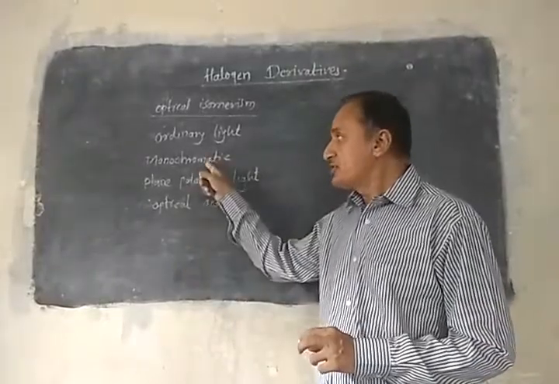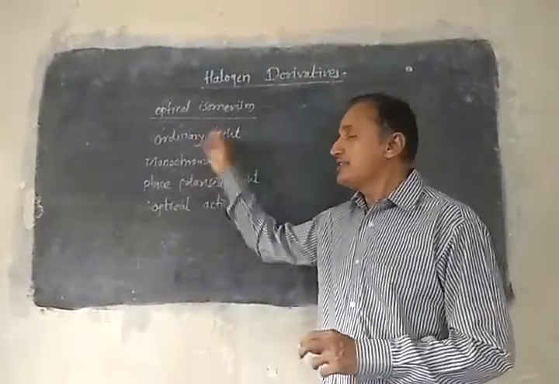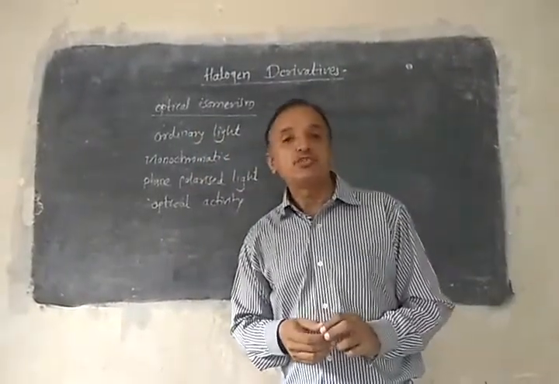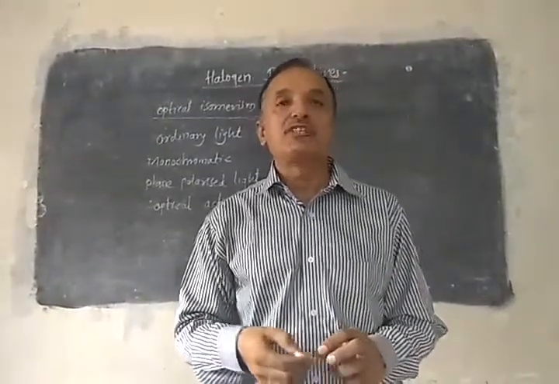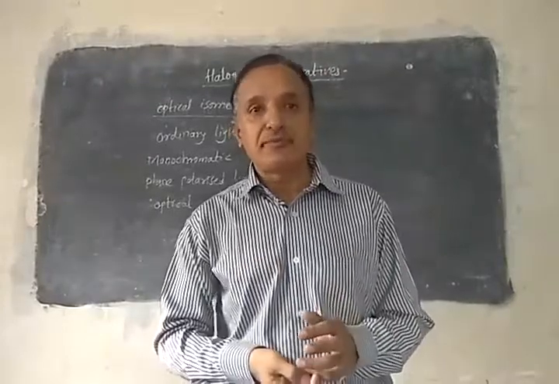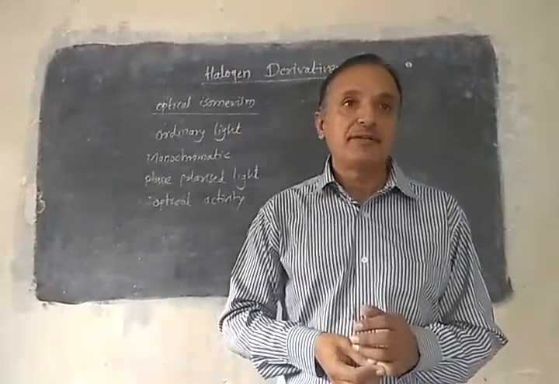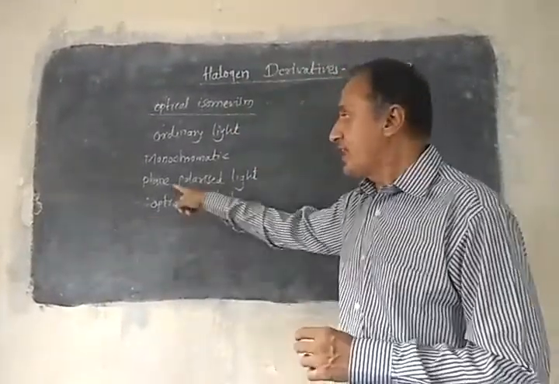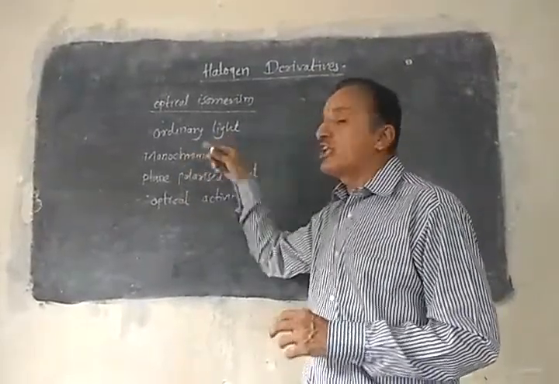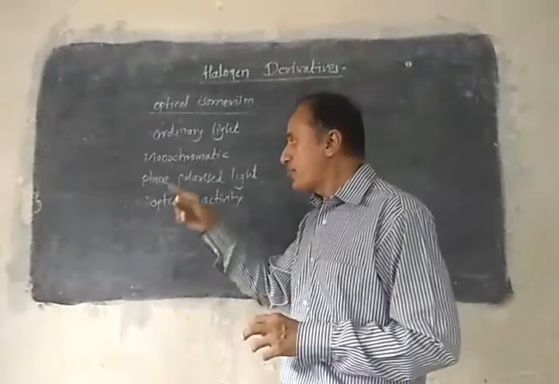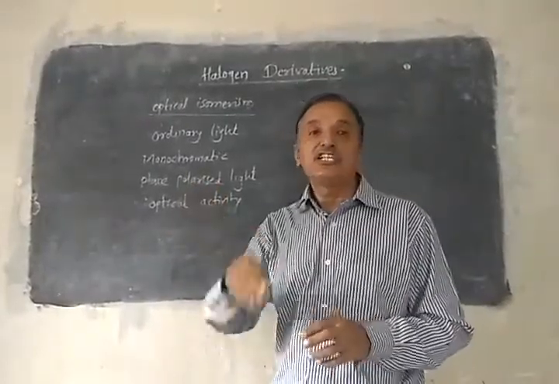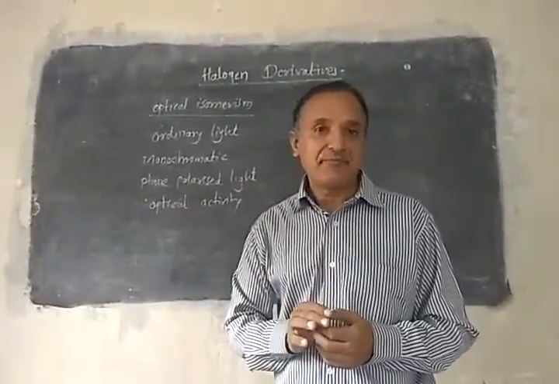Now, when this ordinary light passes through some solutions, for example a glucose solution, what happens? This ordinary light, which oscillates in all directions, after passing through that solution oscillates only in one direction.